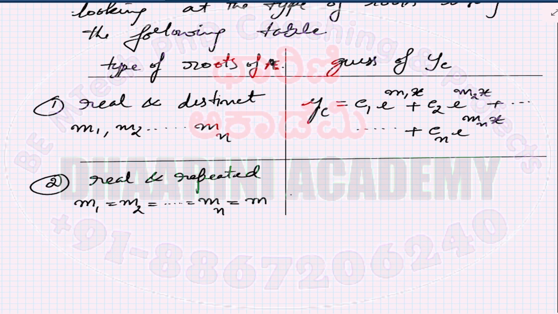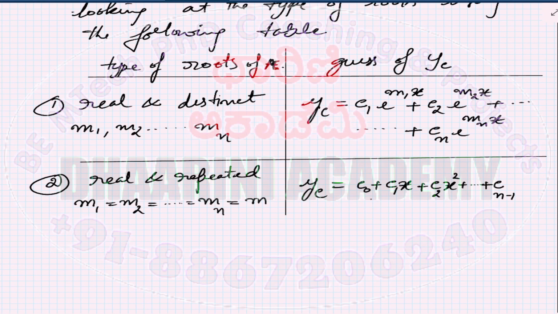If this is the case, then the yc we are going to guess will be of the following type. I'll start with some c0 plus c1 into x plus c2 into x square plus dot dot dot. I am supposed to write n number of terms, so this is one less than that, c n minus 1.